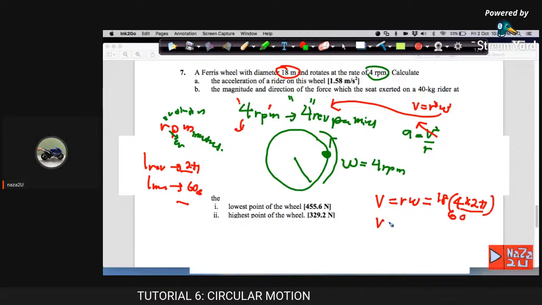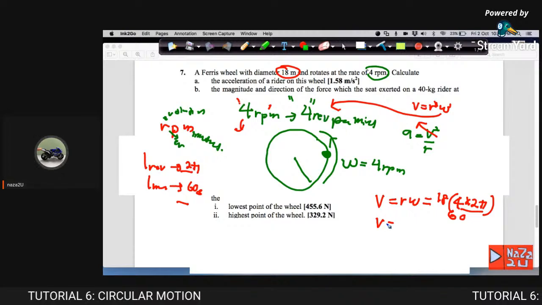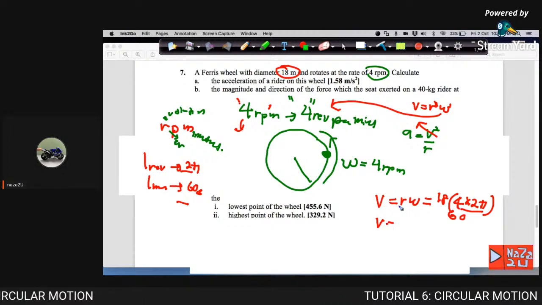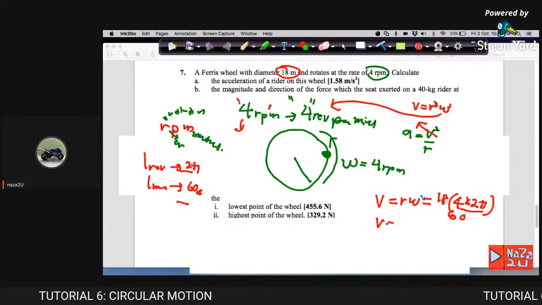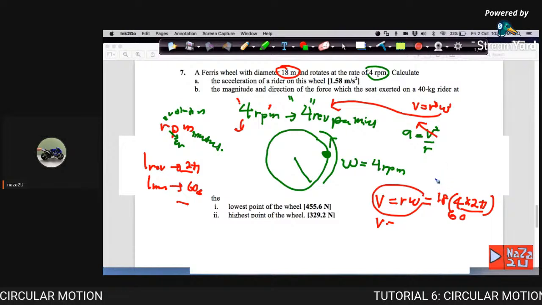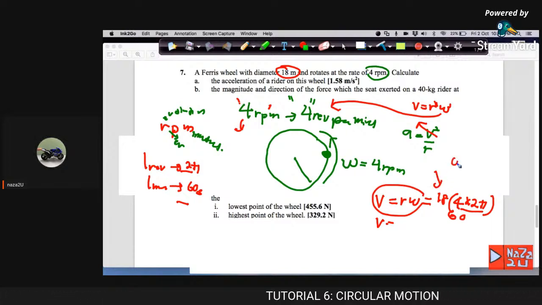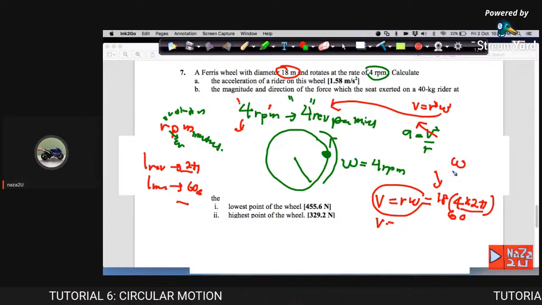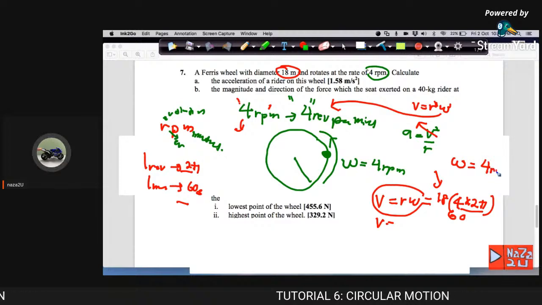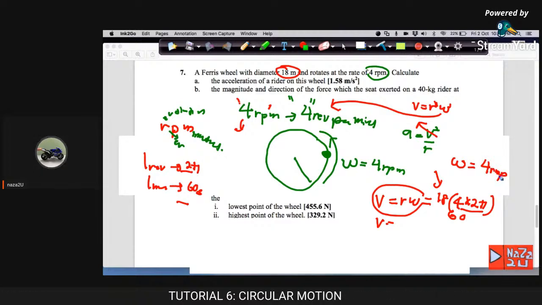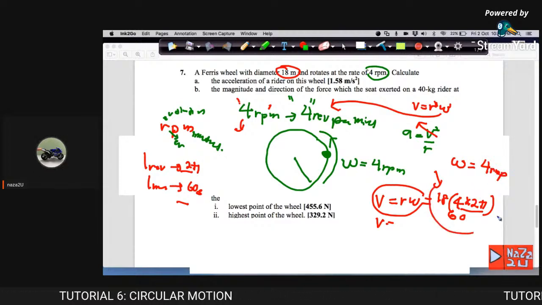So you can find the value of the V here. Sorry, this is not the V. This is omega. Sorry, this is equal to omega. Okay, omega. Right? How you can convert 4 RPM? You convert 4 RPM to the radian per second. So this is the process here.